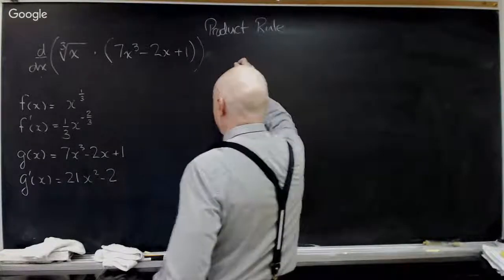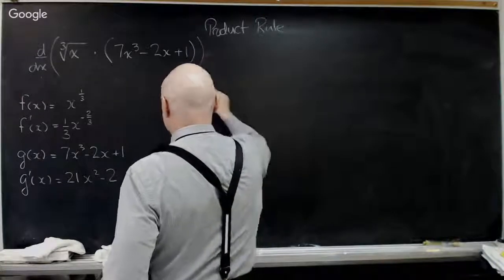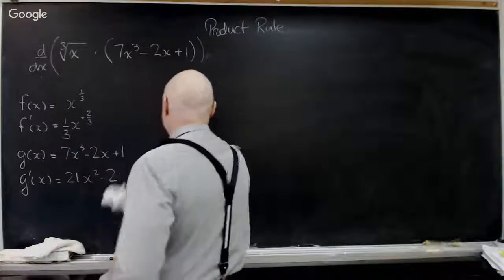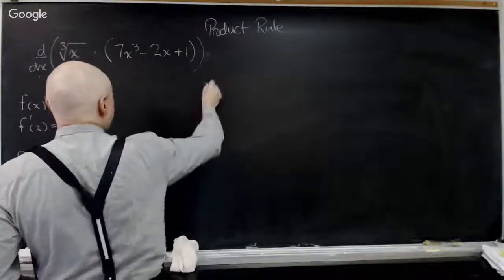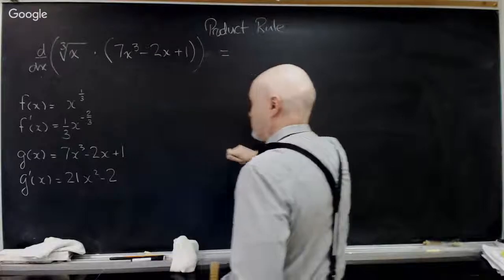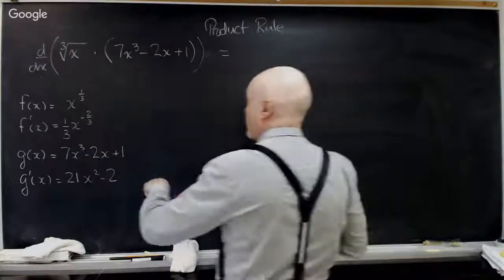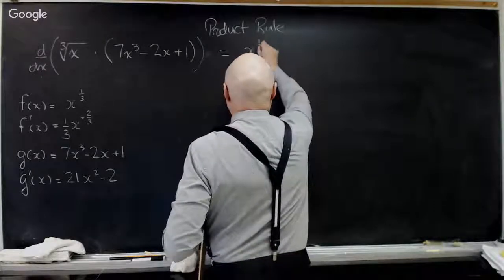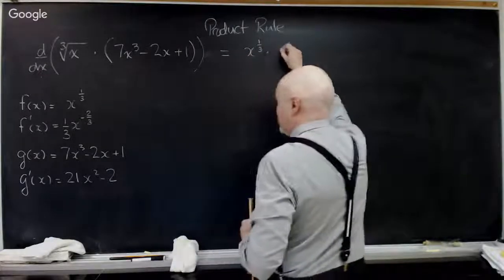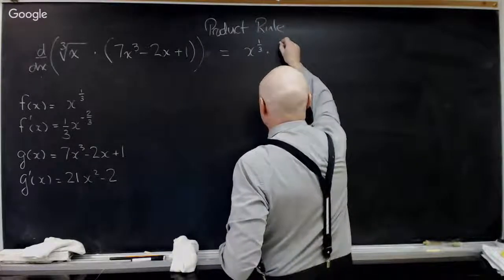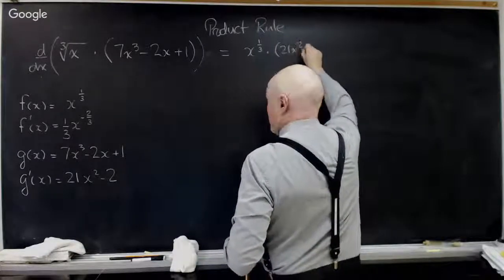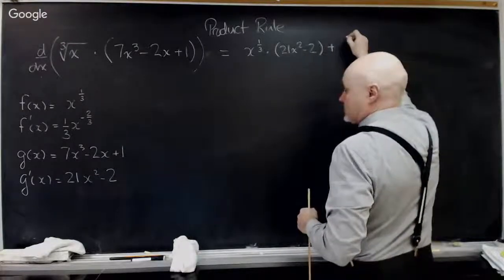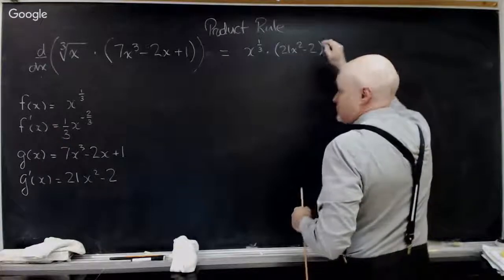And so this is just going to be equal to, once again, let's just do it up here. So first, times the derivative of the second, so x to the exponent 1/3 times the derivative of the second, 21x squared minus 2, plus the derivative of the first times the second.